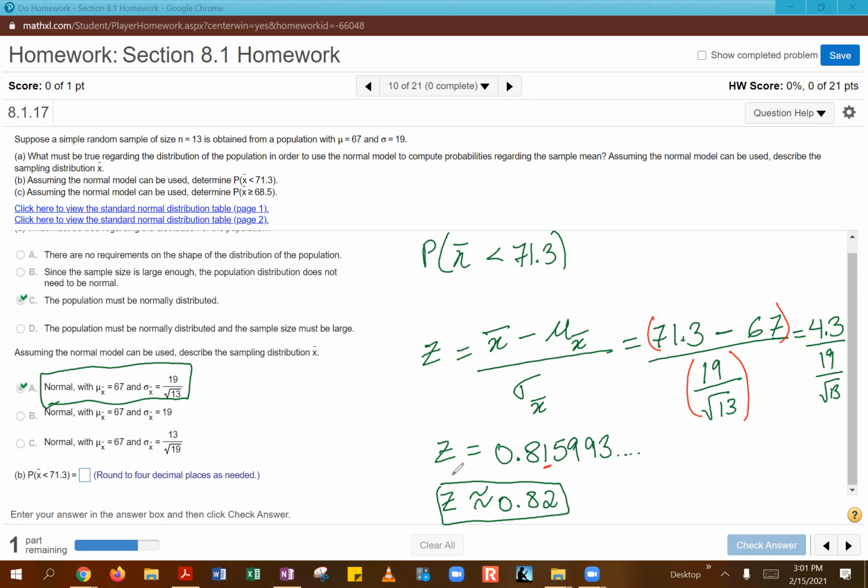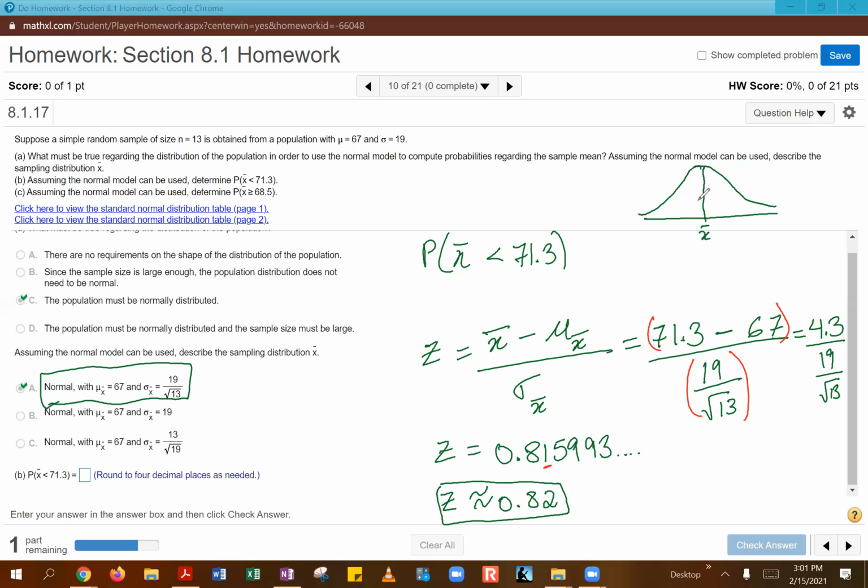Now, one thing you have to keep in mind is the direction of your inequality symbol. So you can see in part B, they are asking us to find the probability when our sample mean is less than 71.3. So, just as a rough sketch, if you think of this as our normal distribution, our mean will be somewhere in the middle.